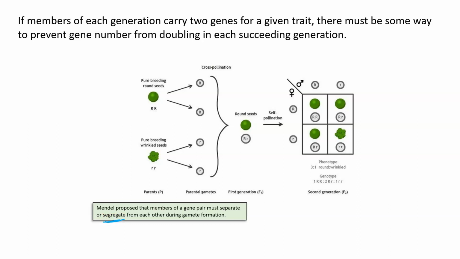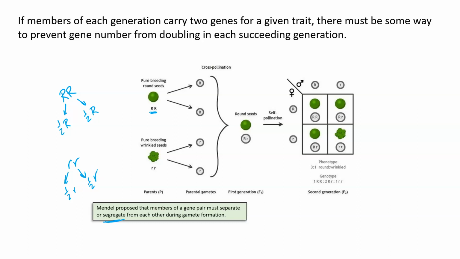What does segregation mean? I know that's a vocab term for this chapter, but segregation means that when an organism, in this case, is big R, little r, they must separate their alleles and pass them on equally during gamete formation.